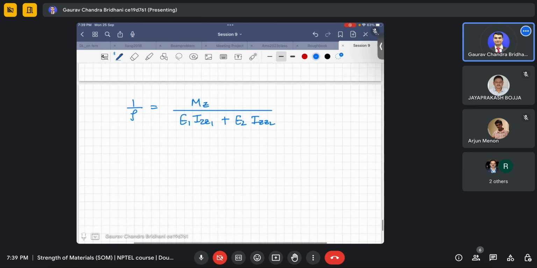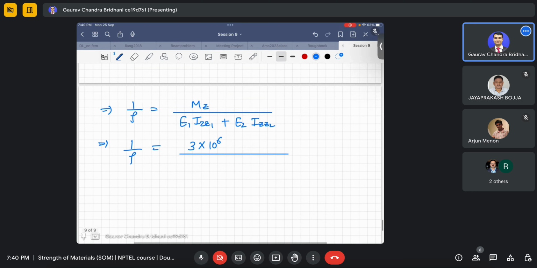Okay. So 1 by rho is 3 into 10 to power 6, because everything should be in Newton and mm. So 10 power 3 is for converting kilonewton into Newton, and 10 power 3 is for meter to mm, divided by E1.